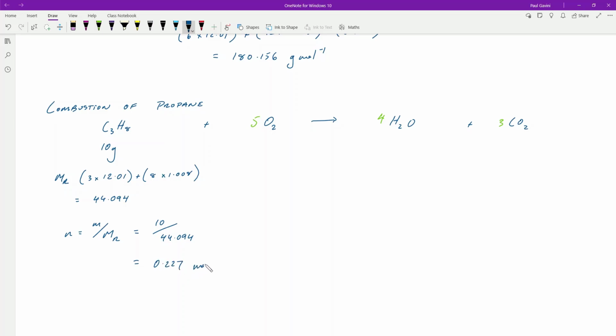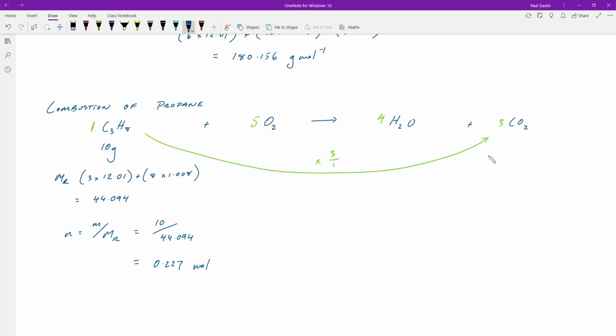And that's going to give me 0.227 mole. Now, if we look at the ratio of this, technically there is a 1 there. So the ratio of propane to carbon dioxide is a 1 to 3 ratio. So we're going to multiply this by a 3/1 ratio. Okay, and remember the trick, if it gets bigger, then the fraction has to be bigger.